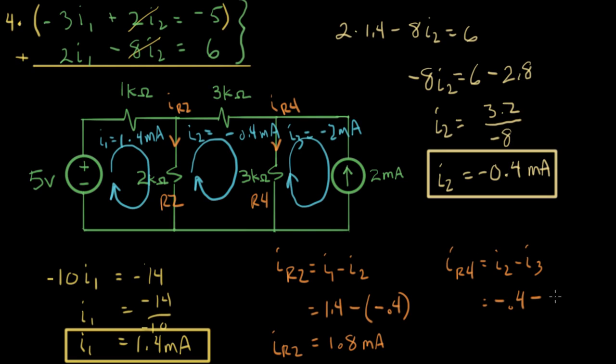I3 is minus 2 milliamps. So IR4 equals 2 minus 0.4, or 1.6 milliamps. And there you have it. We used the mesh current method to solve our circuit.